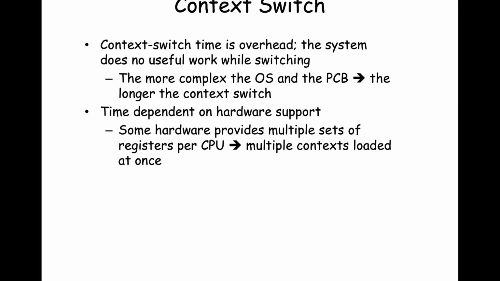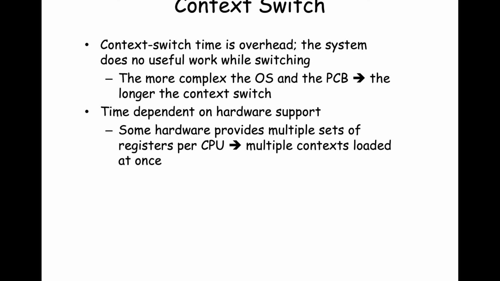And this context switch is overhead. When we saw the task structure in Linux, we saw all that information. It takes a little bit of time, not a lot, but a non-zero amount of time, to do this transfer, both the reading and the writing of the PCB information, the task structure, either from the CPU to write to the PCB or to the CPU to read from the PCB.